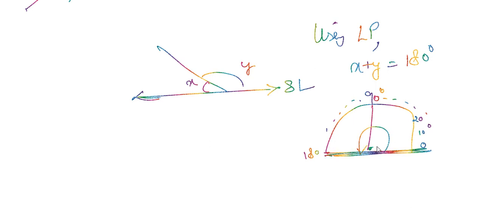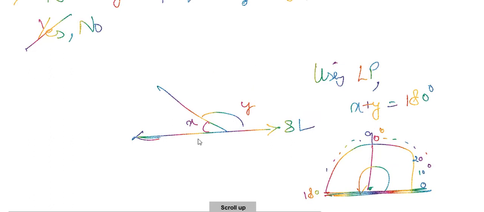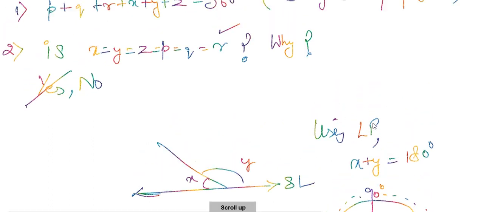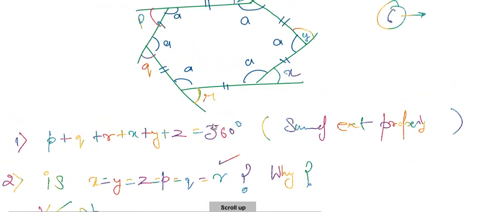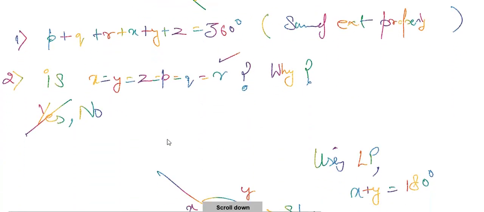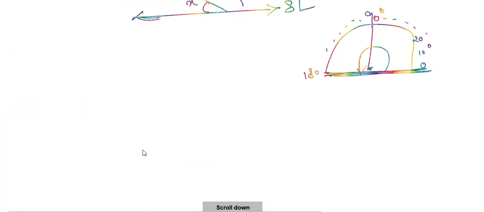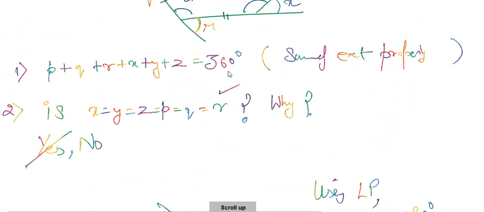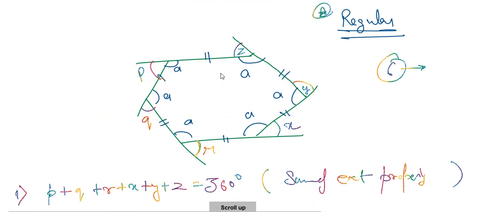Seems clear? If you have a straight line, the sum of all the angles lying on that straight line gives 180 degrees. So here also, for each extended edge, one angle is A and the exterior of angle A together make 180 degrees.